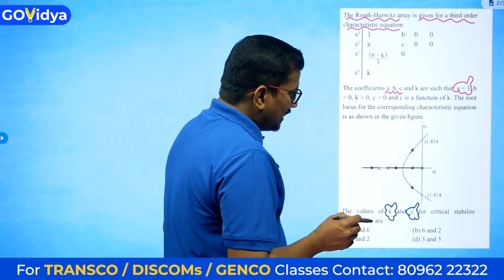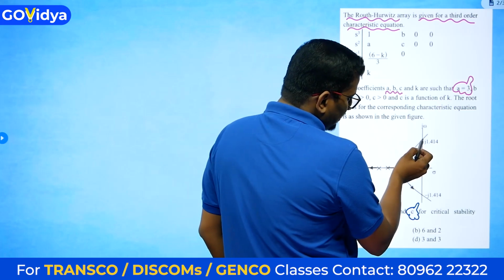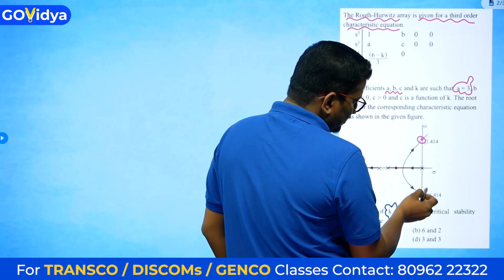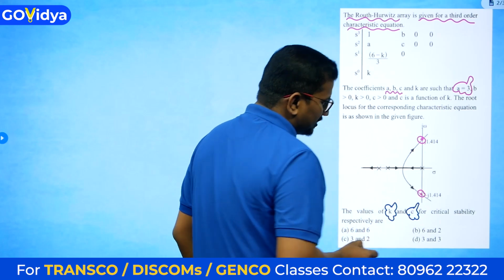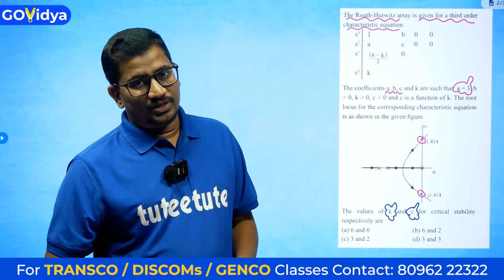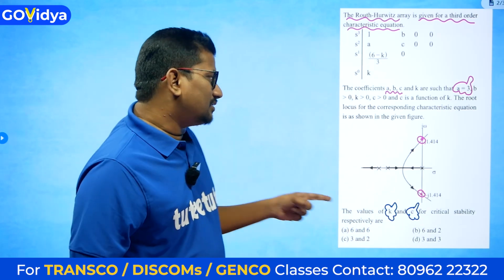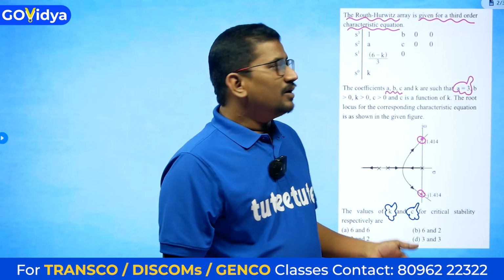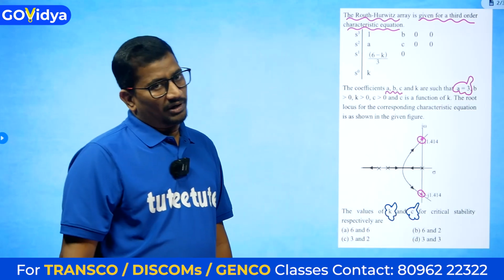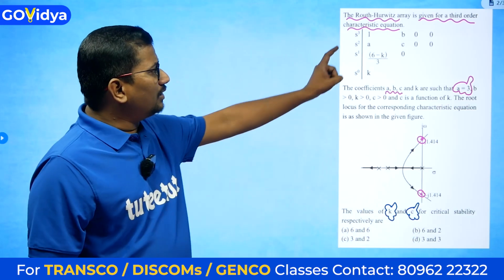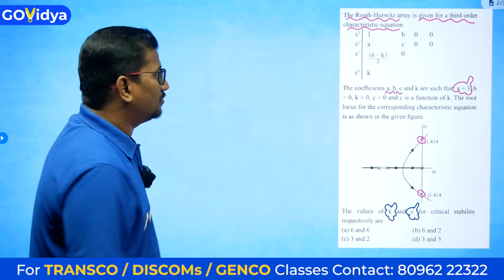Indirectly they are saying that the point of intersection exists on the imaginary axis. If you observe very carefully, the point of intersection is on the imaginary axis. That indicates the system is critically stable. For the critically stable condition, we equate the s power 1 row to 0.